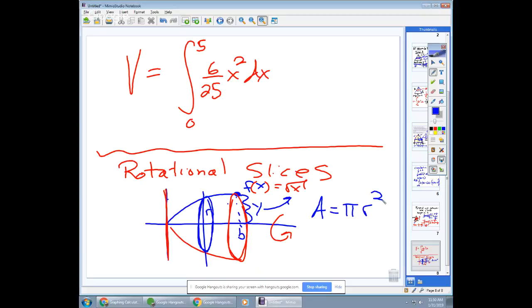So if I were rotating the square root of x, then my cross section for some x value would just be pi times the square root of x squared, or simplifying nicely to pi x. And then all I have to do is add up all of these disks. And how do I do that? Integrate. So I would just integrate that, in this case, as x goes from 0 to whatever I told it to stop. So these are slices, but they're slices based on a rotation, which means all of the slices are circles. And all we have to do is figure out the radius.